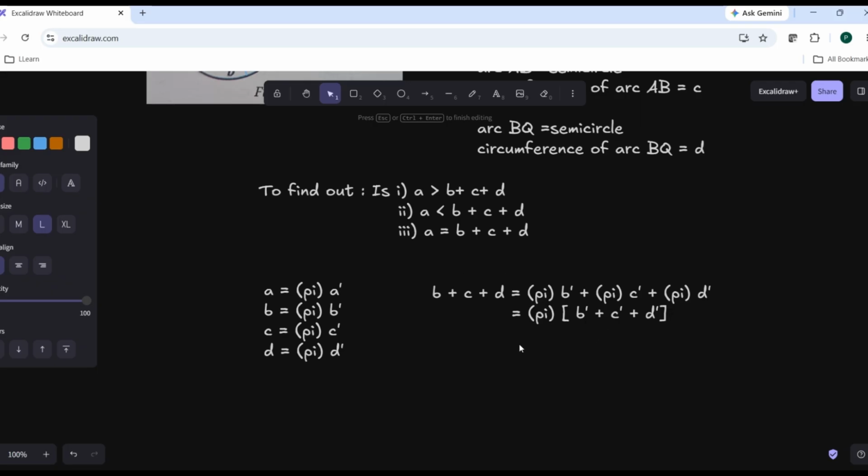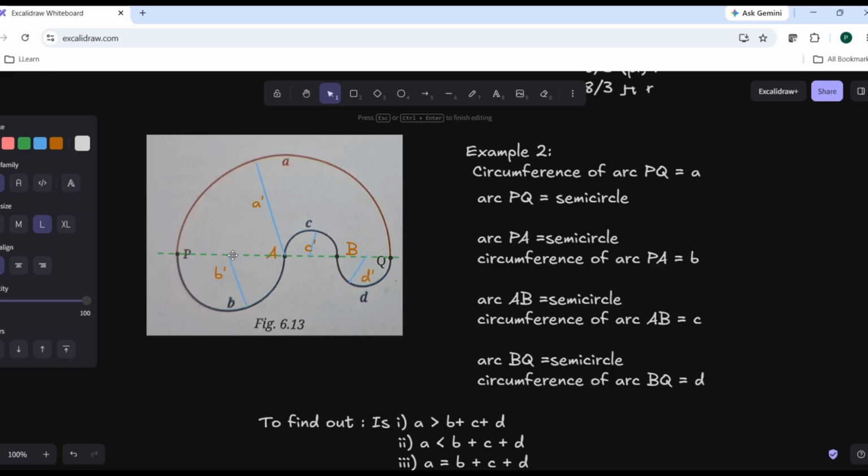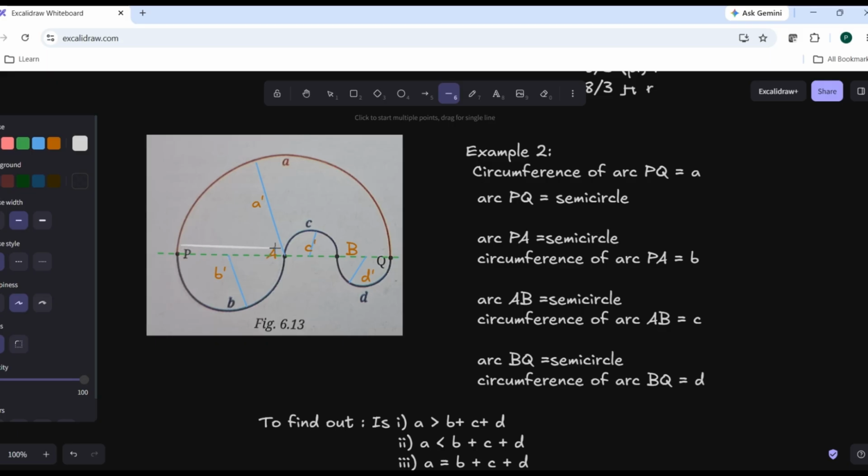Now B dash is the radius, C dash is the radius, and D dash is the radius. So if you see here, this entire thing will be twice of B dash. This thing is twice of C dash, because this is again the diameter, right? We have been already told these are semicircles, and this is twice of D dash.